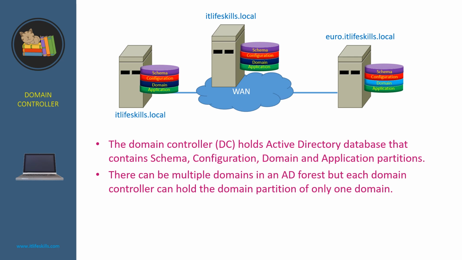For example, this domain controller and this domain controller hold only the domain partition of the itlifeskills.local domain, and this domain controller holds only the domain partition of the euro.itlifeskills.local domain.